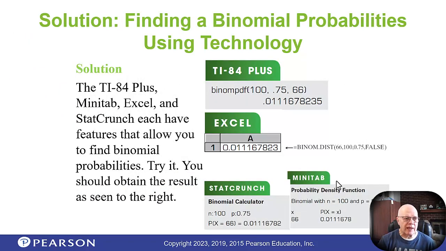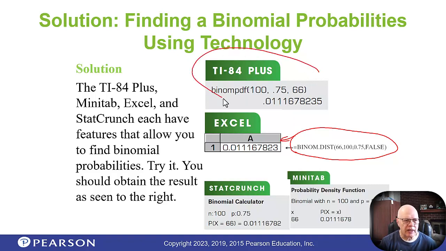And there are different ways of doing it. You could do it in Excel if you wanted to, and this gives you an idea of what you'd have to type into one of the cells, and that would give you the answer. But we'll use the TI-84 Plus because that's what most of us have. You could use Minitab. I actually taught that one time.